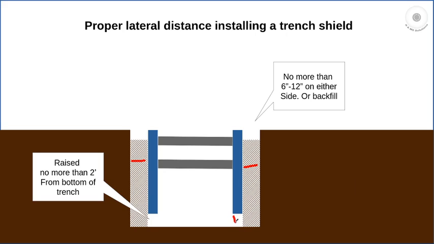So 2 feet is the maximum right here, and primarily that is because if you start letting that box sit any higher, the likelihood of loose soil sliding in or the box becoming unstable increases, and that's why they don't allow you to go more than 2 feet underneath the bottom of your trench box panel. Or even if it's vertical shores, if it's fin form, you cannot have any more than 2 feet of exposed dirt on either side.